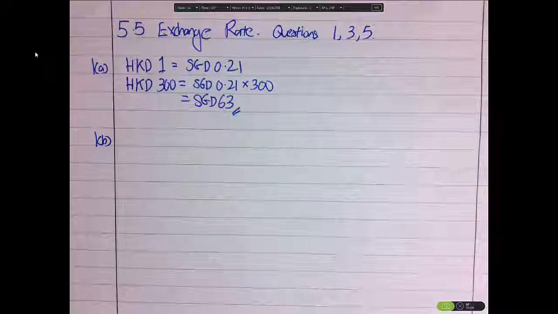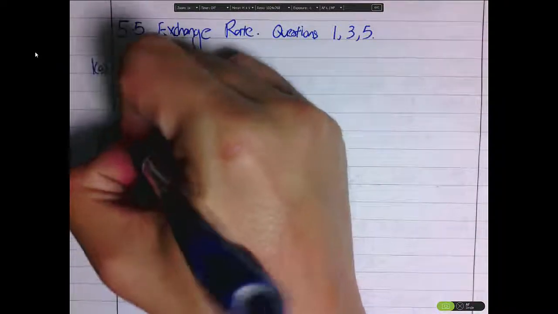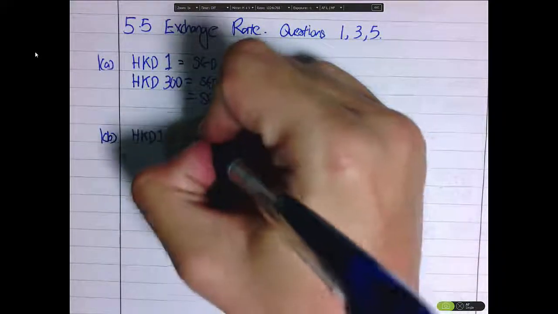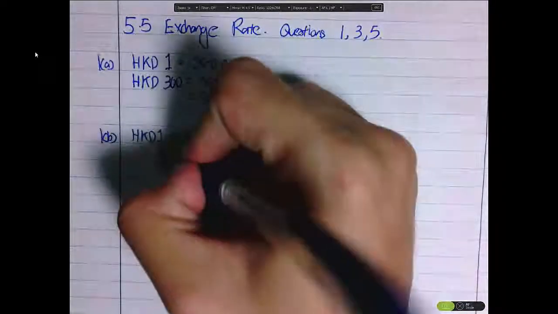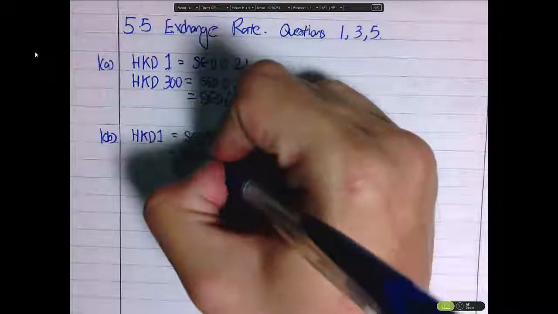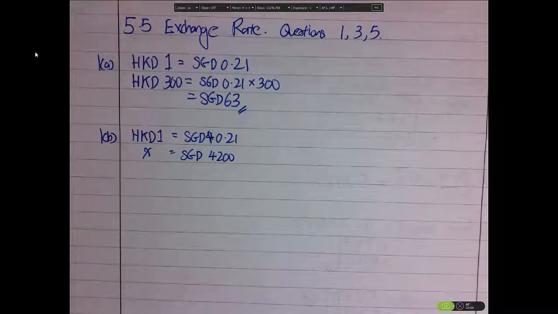Now 1B, simple enough so far. X Hong Kong dollars in exchange for 4,200 Singapore dollars. I start with the exchange rate of 21 cents, so I got 4,200. I want to find X Hong Kong dollars now. This is simple proportion again.